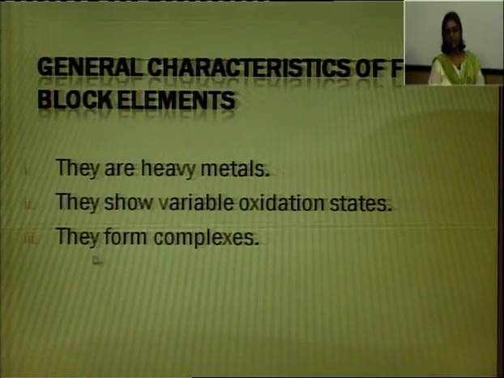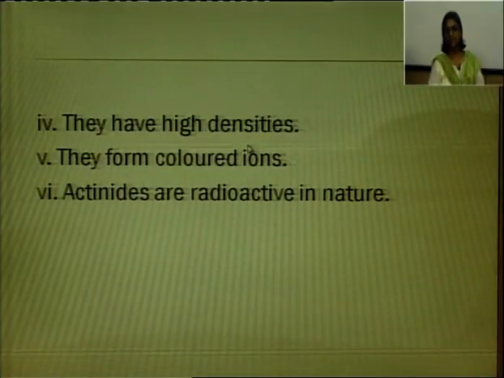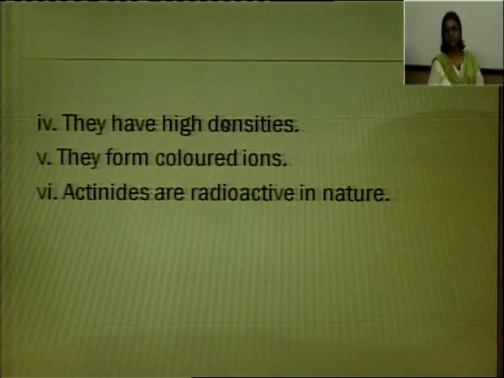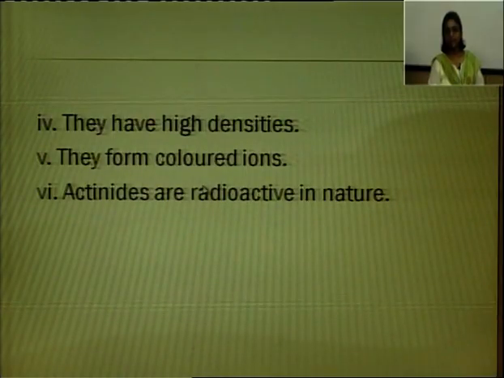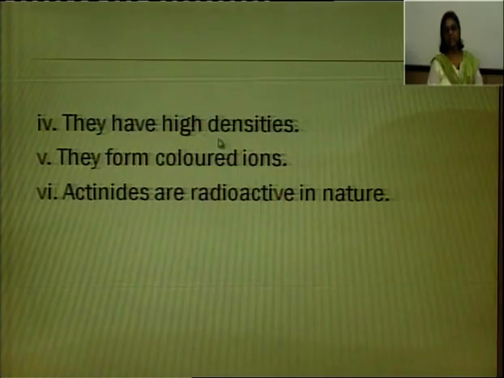Next, they form complexes, means their compounds are known as complexes. They have high densities, that is mass to volume ratio is high. They form colored ions. The ions formed by the metals of the F block are colored, so we can recognize the metal from the color.